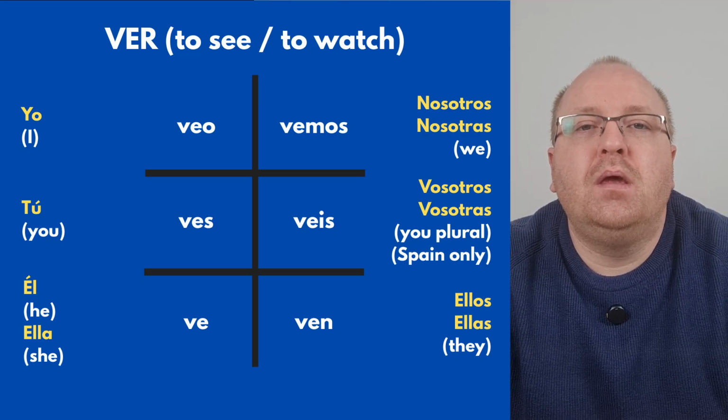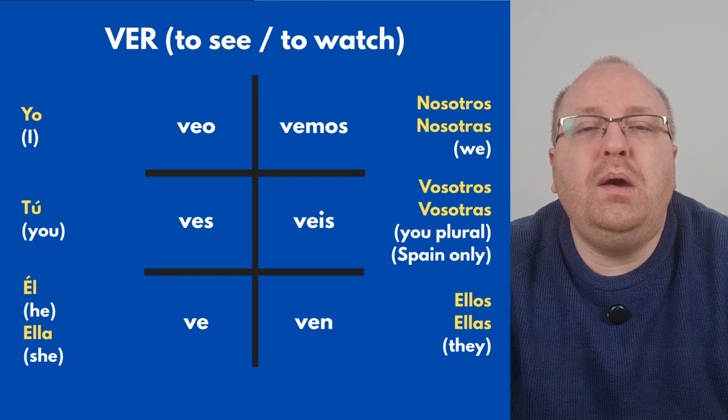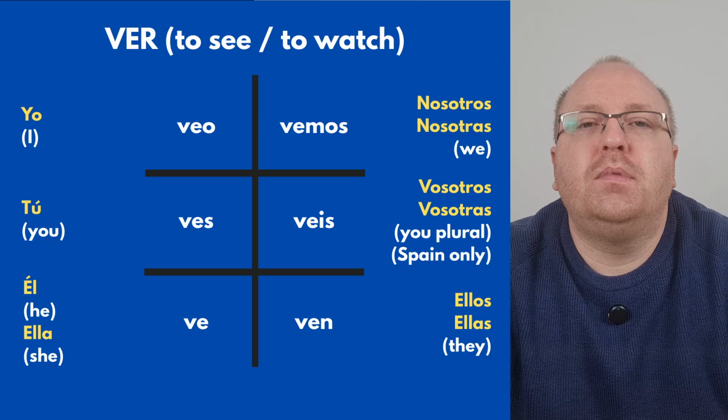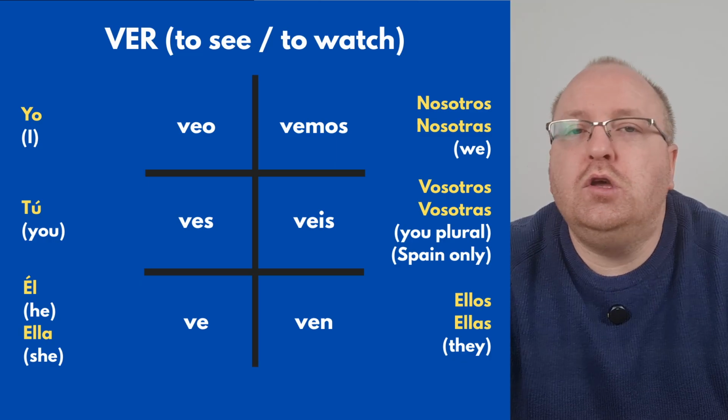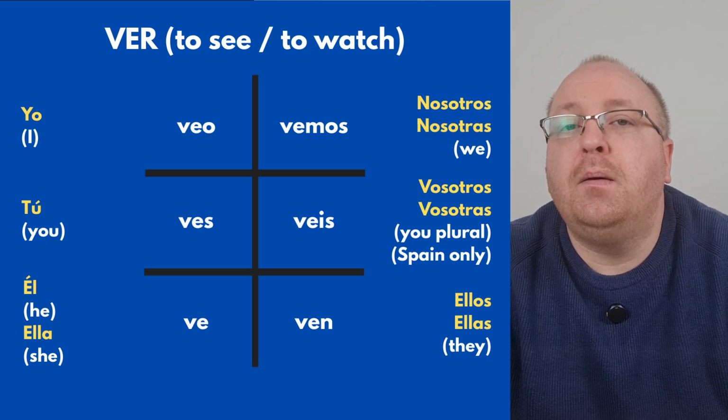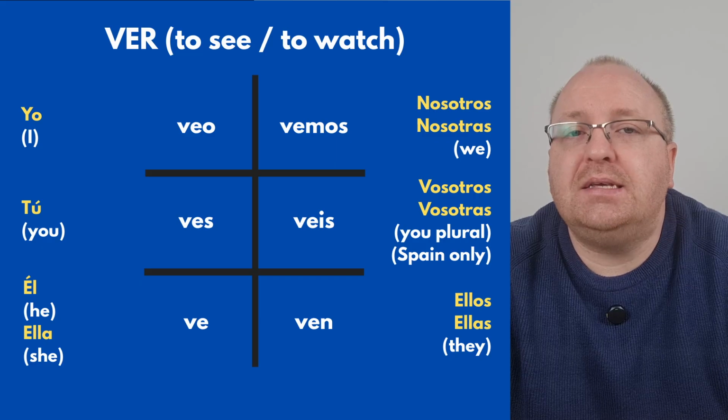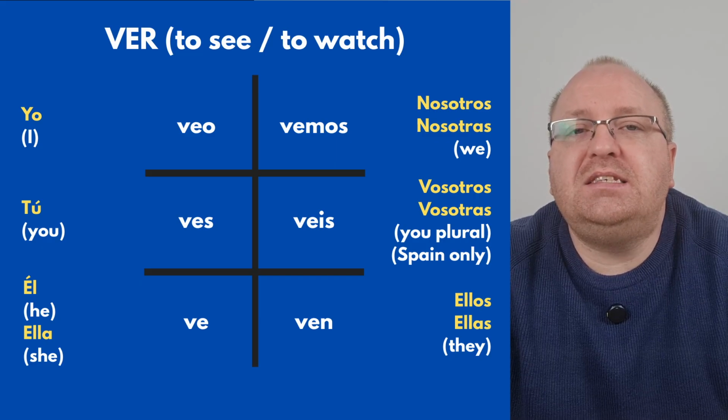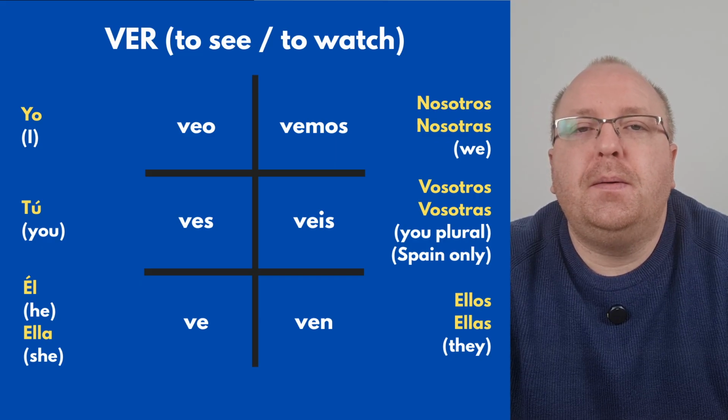We see or we watch, vemos. You plural see or you plural watch for Spain, veis. They see or they watch, ven.